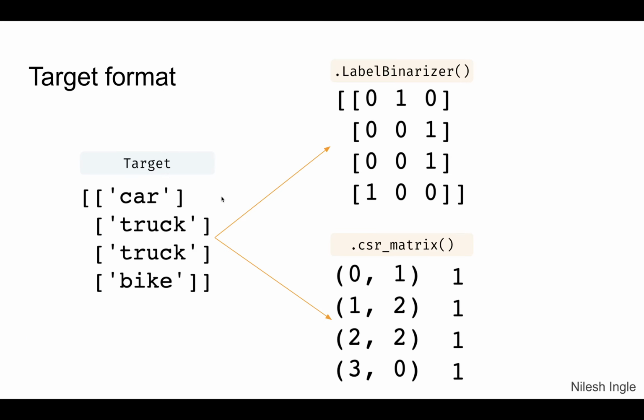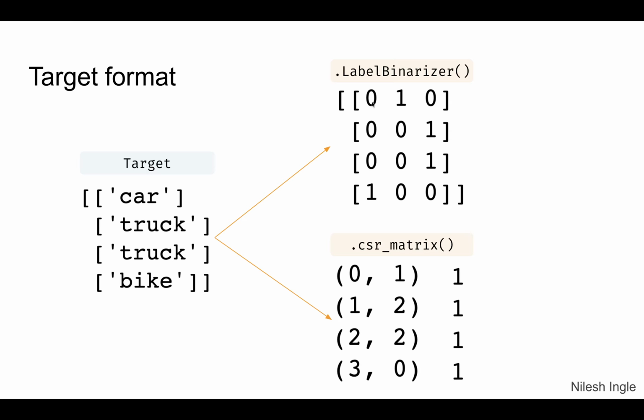And in Scikit-learn, the format of the target can be changed using a method called label binarizer. So here what we are trying to do is converting each of the classes in the target into ones and zeros. So here we have three different classes: car, truck, and a bike.